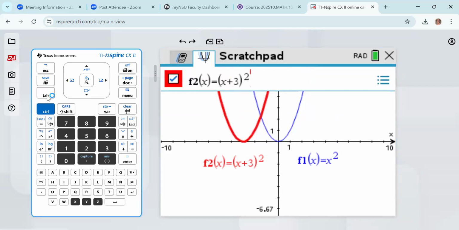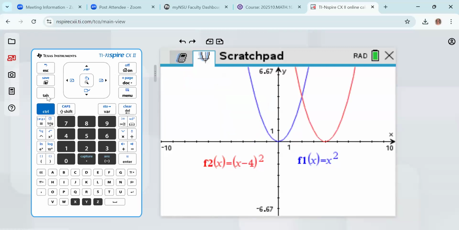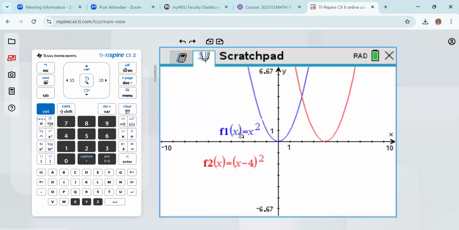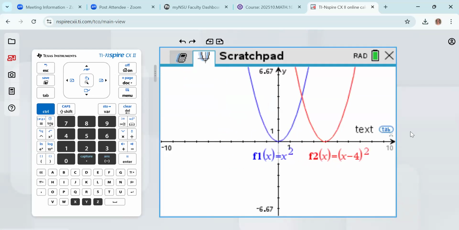Okay, so let's go up here. And we're going to change that to a -4. So if we do -4 on the inside, pull these labels over. You can see it moved to the right 4 units. So let's go over to our notes.